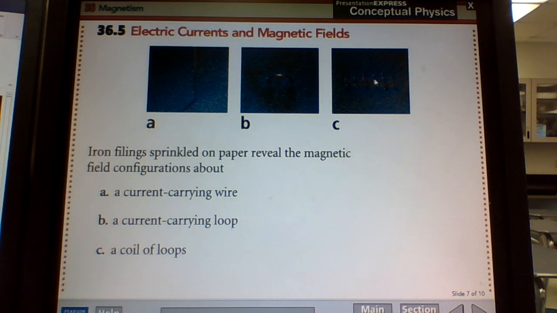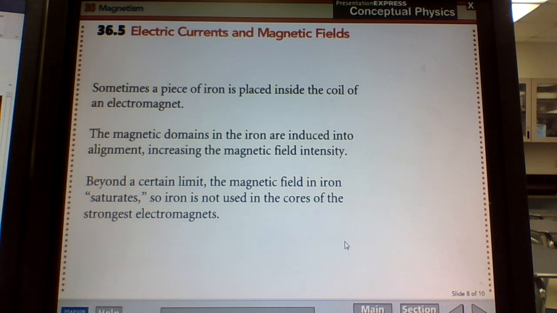If we do several loops, those magnetic field lines get very tight in there as we generate much more of a magnetic field. But sometimes a piece of iron can be placed inside the coil of an electromagnet. This will increase its ability to be a magnet.